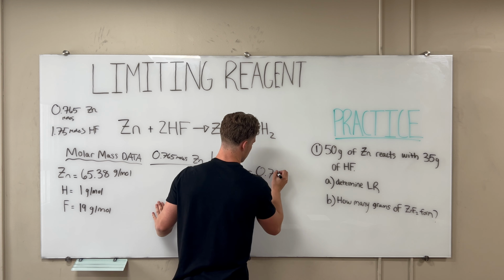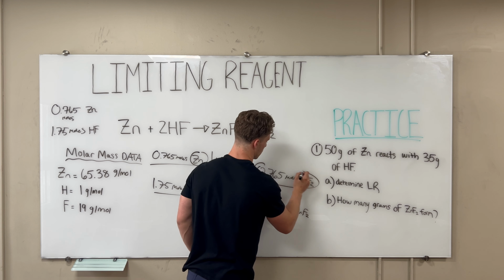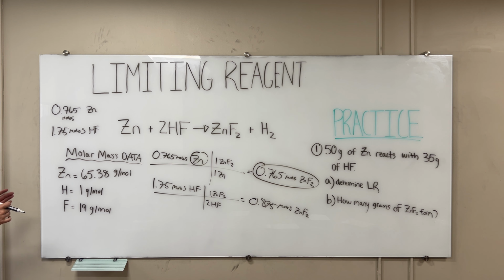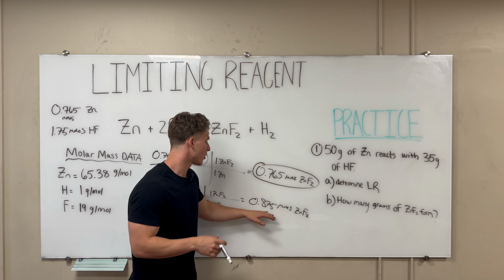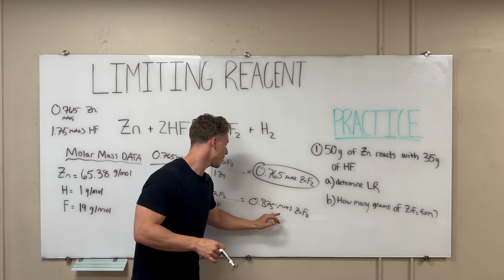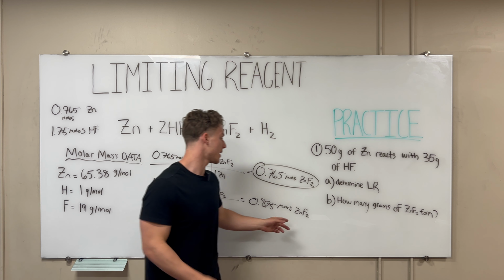So what's our limiting reagent here? Our limiting reagent is going to be zinc, and that's because we produce 0.765 moles of ZnF2. When we see this number right here, this is actually a theoretical number. We are actually not going to produce 0.875 moles of ZnF2 with the given starting material that we have.